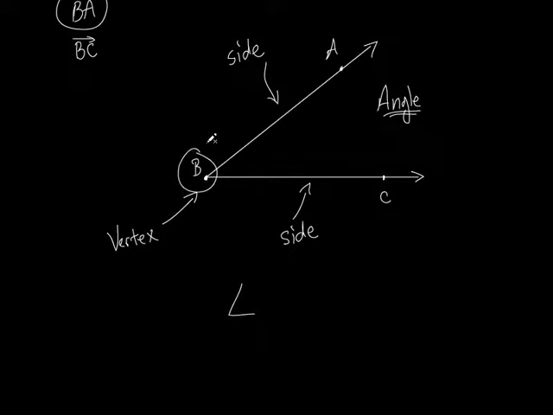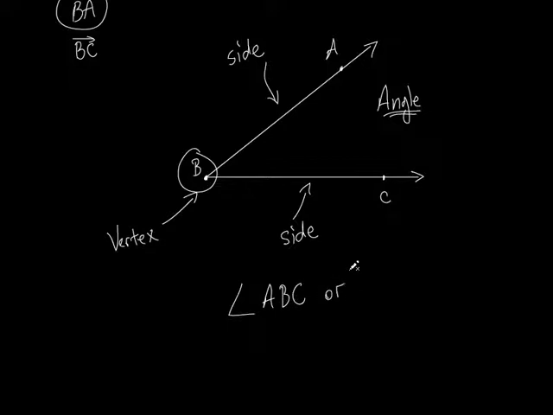So we would call this angle what? If the vertex always has to be in the middle, and here's a point A and here's a point C, what do you think we could call this angle? Angle what? Now we use 3 letters, I said. ABC. That's right. Call it angle ABC. Now, Justin, you're not wrong in saying angle B, but I want us to first label it with 3 letters. Okay?